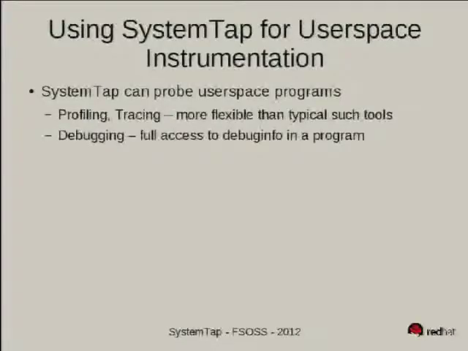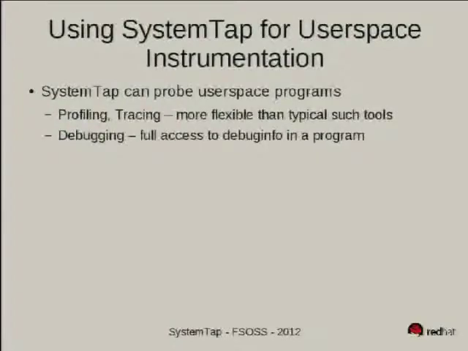We can access any debug info that's available for a program, so if we compile our own program, we can compile that in. And if we're examining a user space program that ships with a distribution such as Fedora, it's possible to obtain debug information for that program through the package manager. Once we have that debug info, we can use it to place probe points at specific functions or line numbers, as I mentioned earlier.